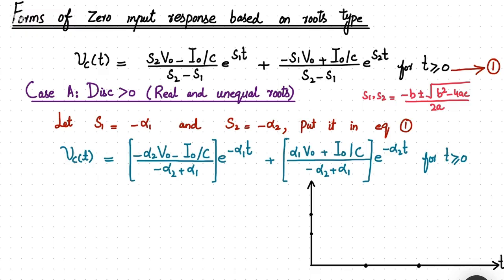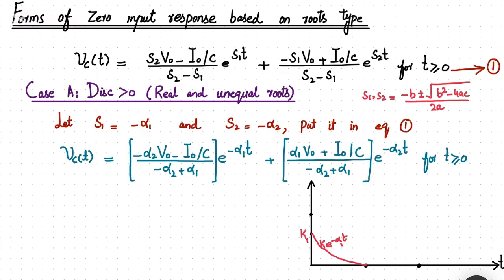Because we are discussing the case when the roots are unequal, it means alpha 1 and alpha 2 would be different. So this equation states that the overall response is the sum of two exponential functions. Let's say the first exponential function is something similar to this one, k1 into e raised to power minus alpha 1 t.